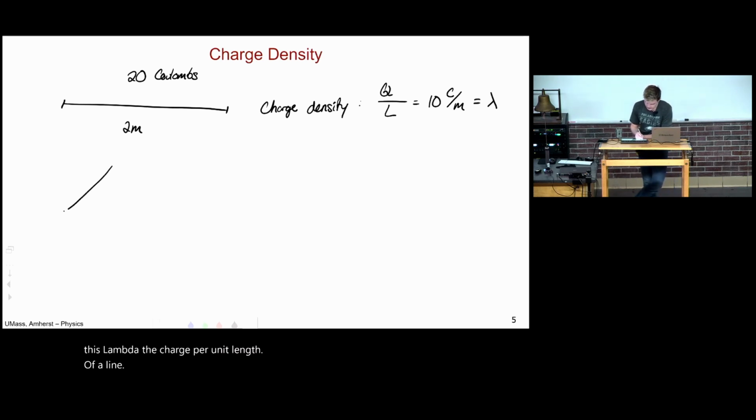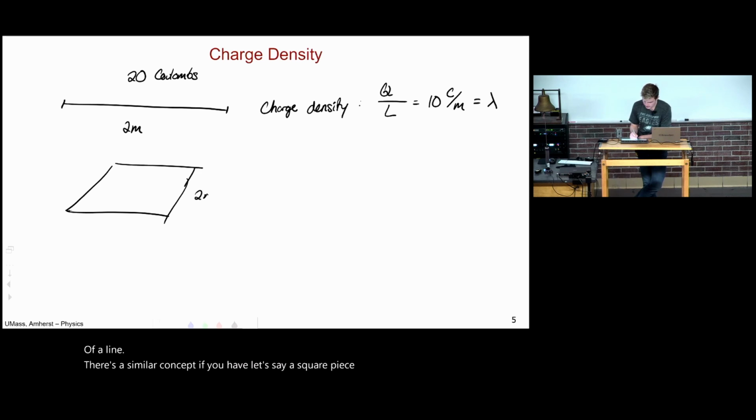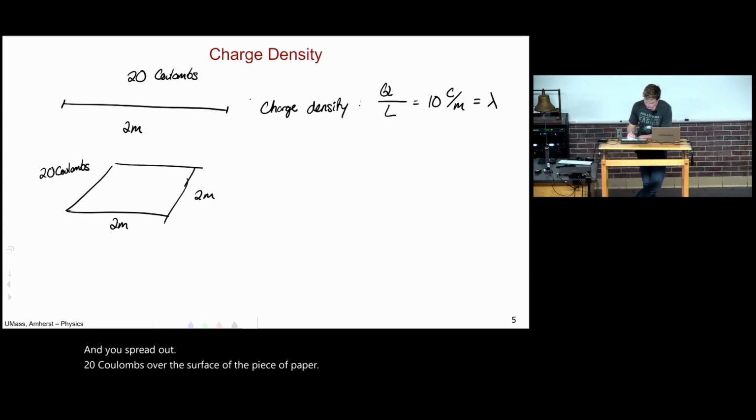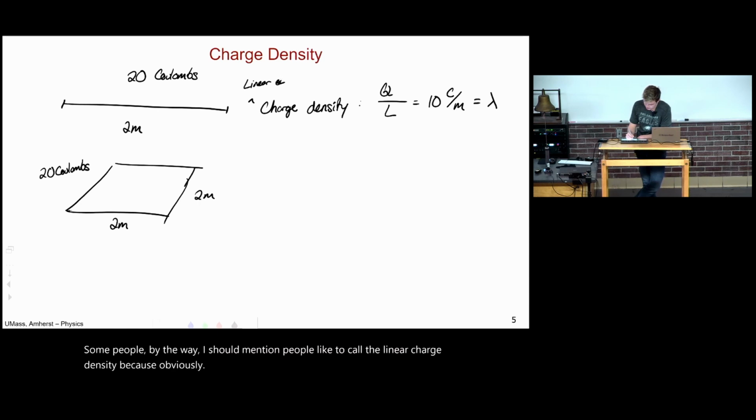There's a similar concept if you have, let's say, a square piece of paper that's 2 meters by 2 meters large, and you spread out 20 coulombs over the surface of the piece of paper. Some people, by the way, I should mention, like to call the previous one the linear charge density, because obviously it's along a line.